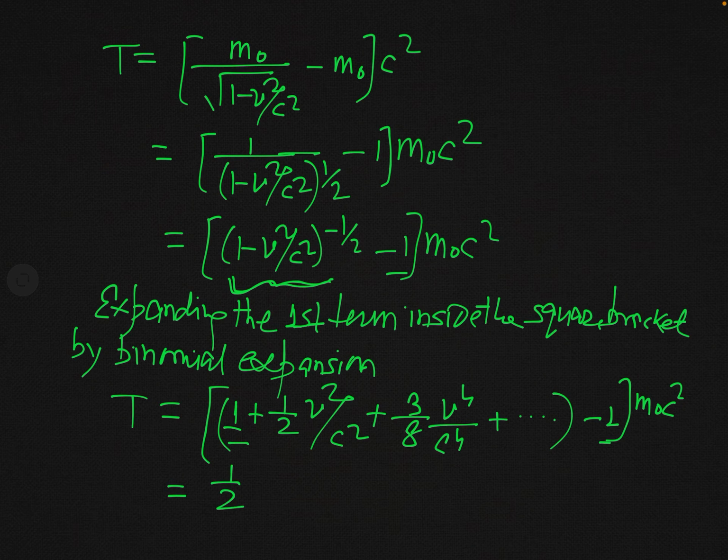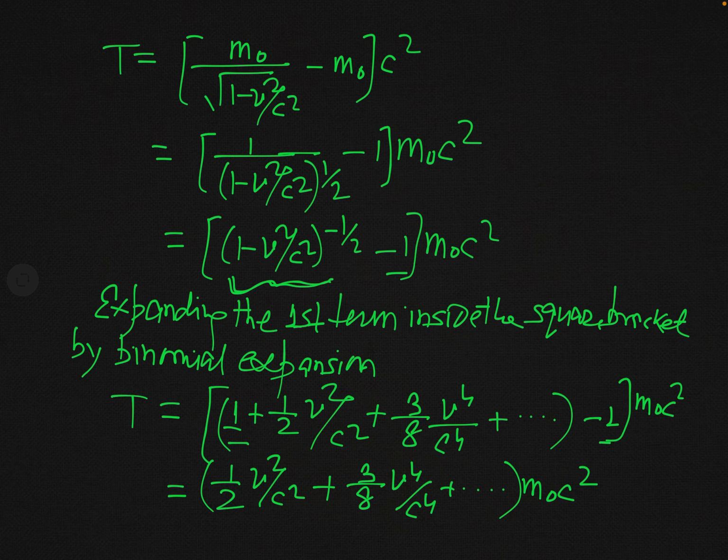So you can see from here, this plus 1 and this minus 1 will cancel out, and our result will be (1 over 2 v square over c square plus 3 over 8 v4 by c4 plus so on) into m naught c square. So this is actually the general expression for relativistic kinetic energy.